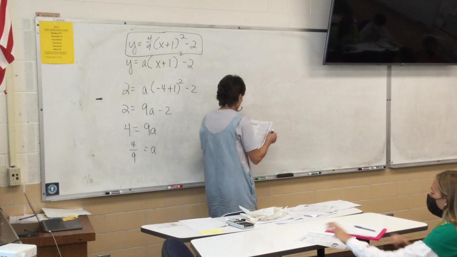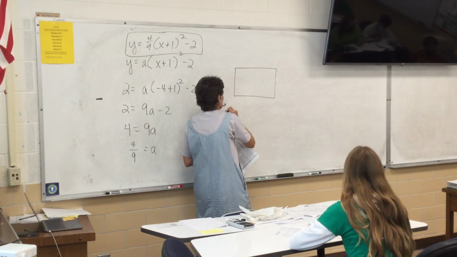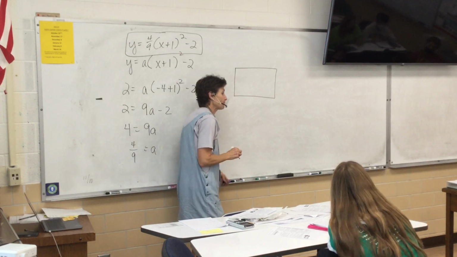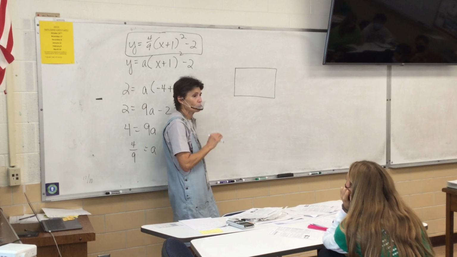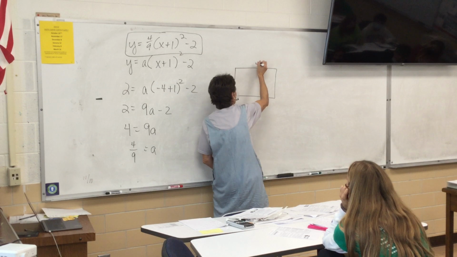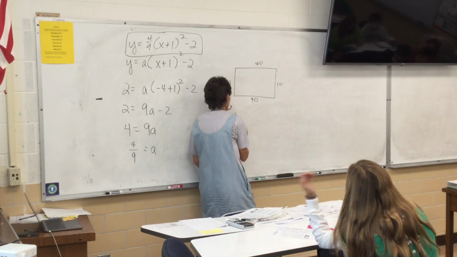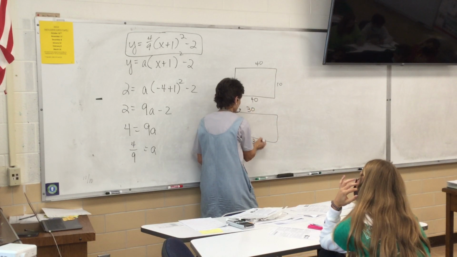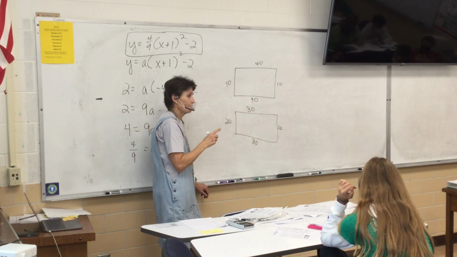So all the rectangles whose perimeters are 100. Can you think of some rectangles that have a perimeter of 100? Could we do 10 and 40? Would that have a perimeter of 100? Yes, it will. And you could do 20 and 30, that would have a perimeter of 100, right? There are lots of them.